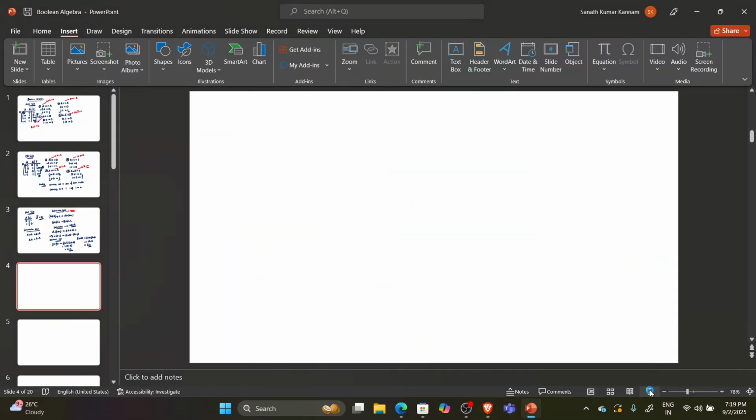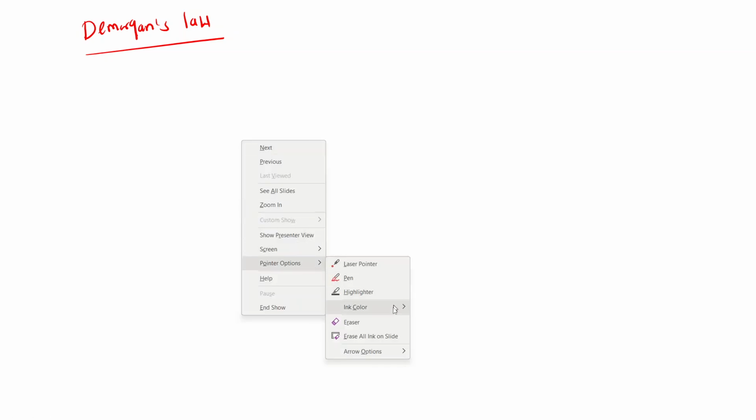Next, there is De Morgan's law. What is this De Morgan's law? So (A OR B) whole bar equals A bar AND B bar.